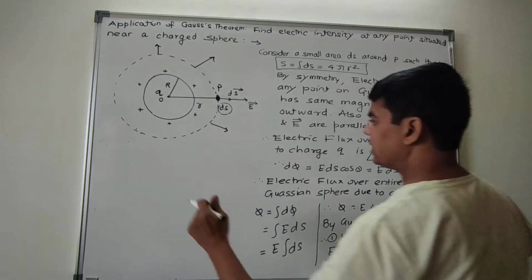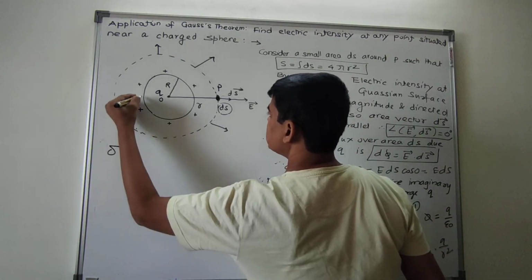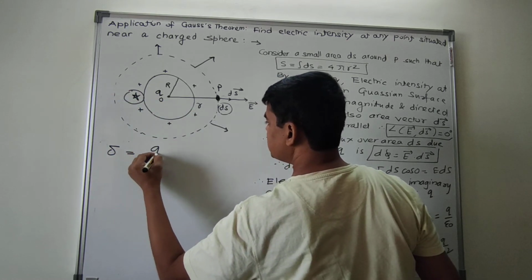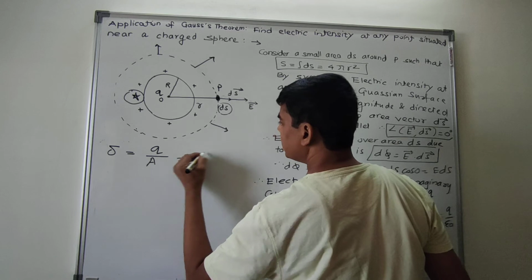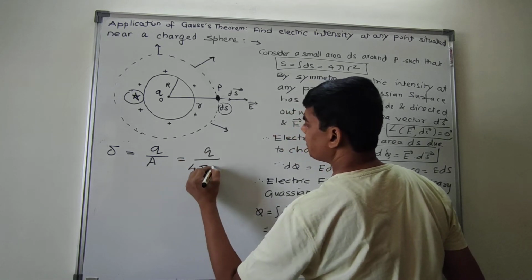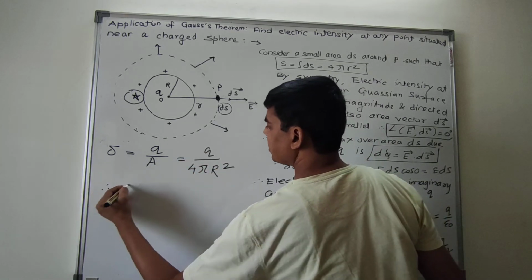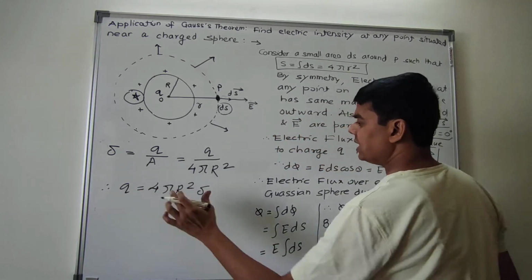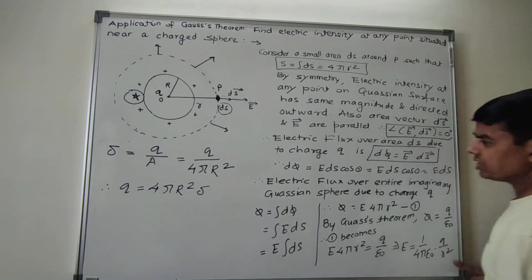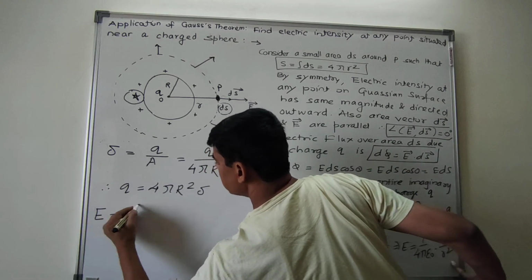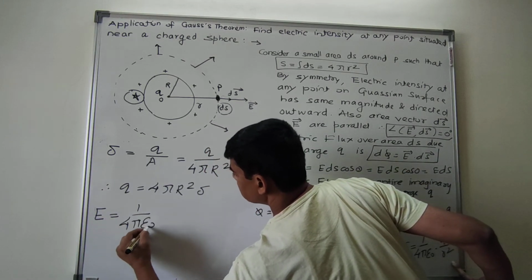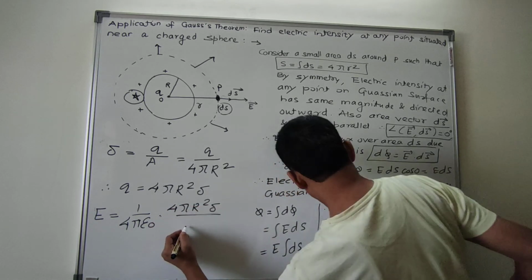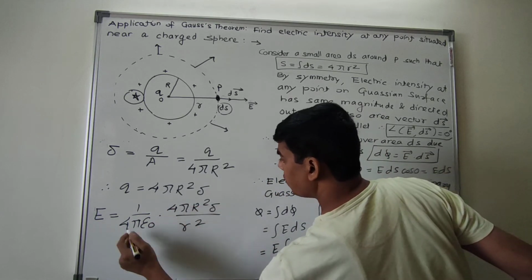Suppose that sigma is the surface charge density of this sphere. Surface charge density means charge per unit area. That is Q upon 4 pi capital R square. So we can write Q is equal to 4 pi capital R square into sigma. And substituting the value of Q in this equation, we get the electric intensity. 4 pi gets cancelled.